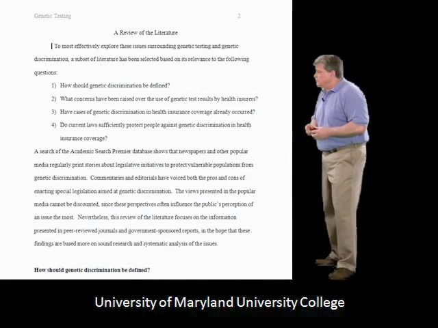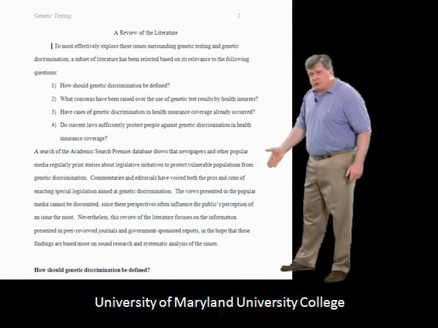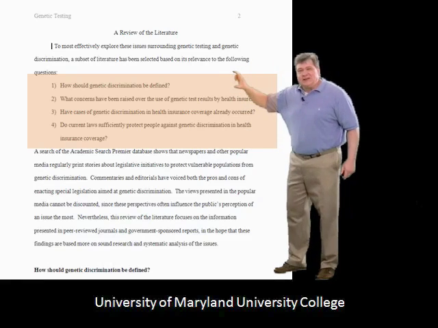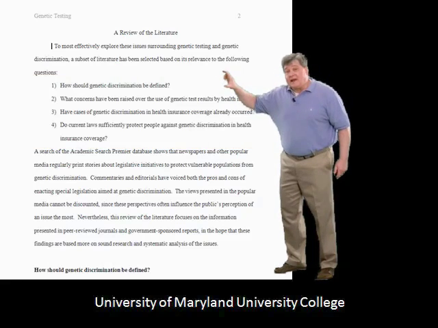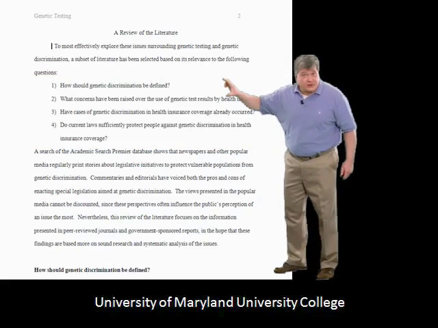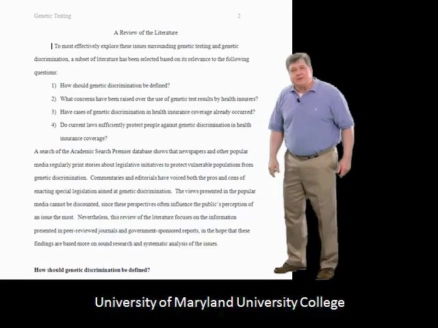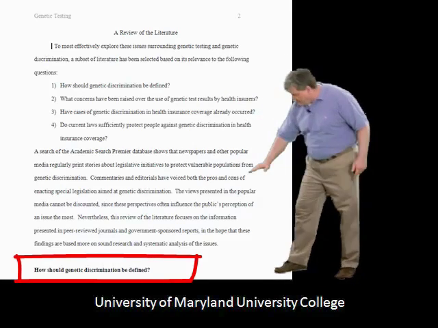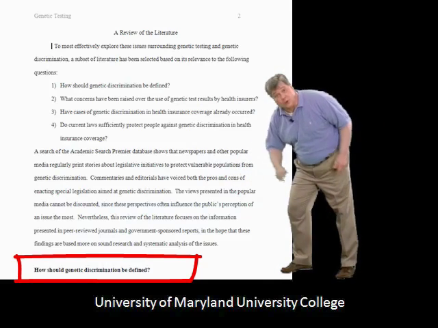For example, here's an example of a student who did this. Now, here is her paper. Here is her introduction to the literature review. And what's the first thing that you see right there? You see her statement of the 4 questions that have been addressed over the years by past researchers in relationship to this issue, this topic. And then sure enough, down at the bottom of the page, she begins addressing the first question.